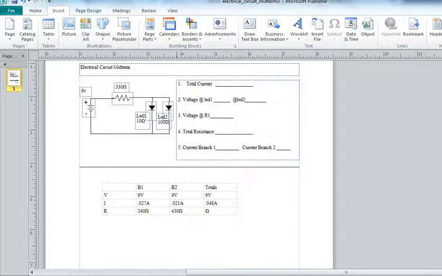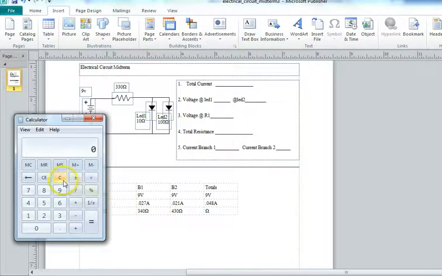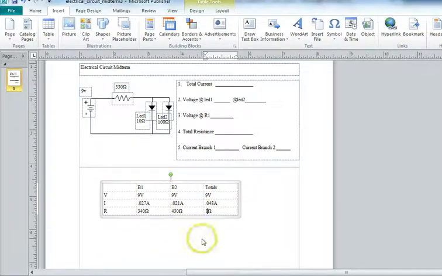Anyway, you'll see. 9 volts divided by 0.48 is equal to 18.75. I'm sorry, did I do that right? 9 volts divided by 0.048 is equal to 187.5. That sounds right. 187.5 ohms. So we have answered all of the questions in problem number 1.